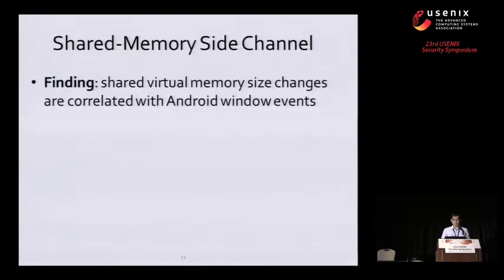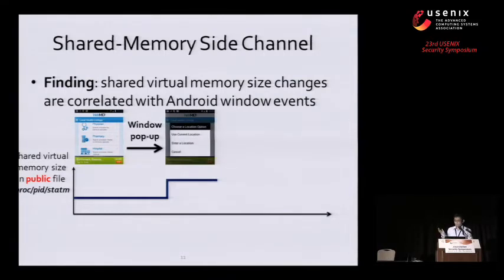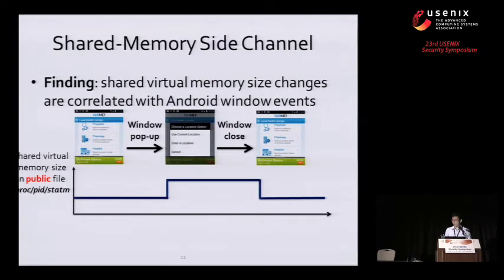Let's first introduce the shared memory side channel. We find that the shared virtual memory size changes are correlated with the Android window events. Let's say this is the Android app, and at the same time, we monitor the shared virtual memory size in a public file in the proc file system. When there is a window pop-up, you will see an increase, and when there is a window close, you will see a decrease.